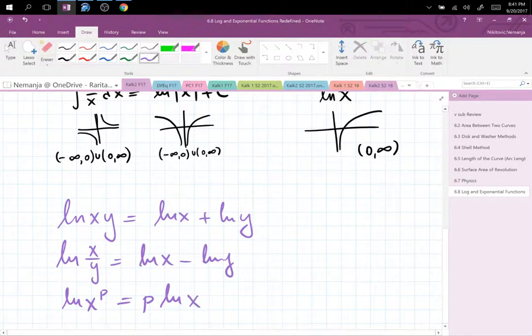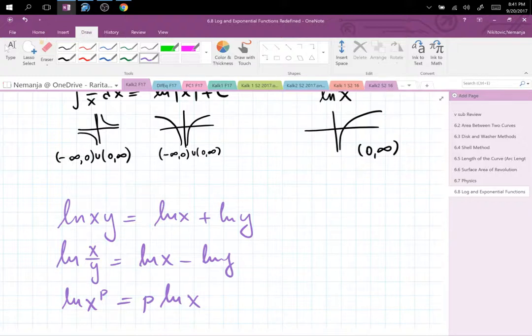These are the three basic properties of logs, and they can be proven by using the definition up there. Again, it's in our honors section if you're interested to see these proofs. Obviously open the book, but you can also stop by my office hours and we can talk about it.